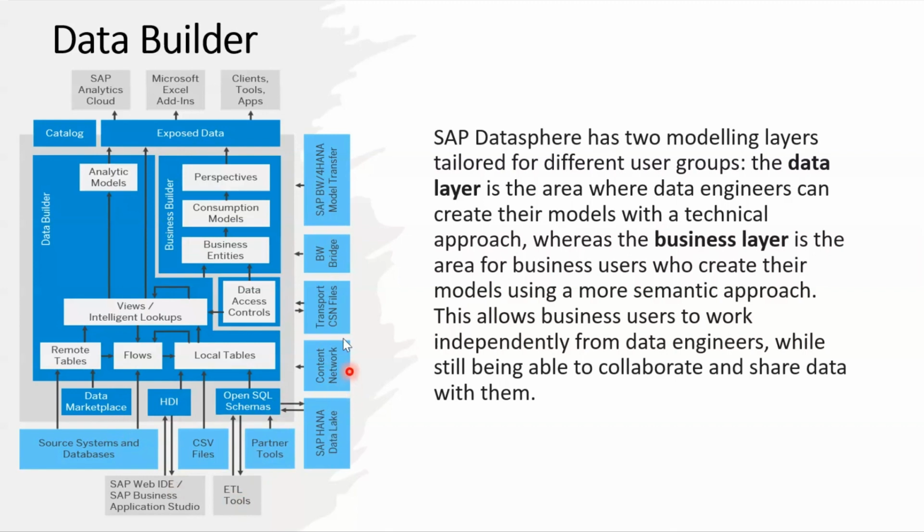From different sources, via connections, your Datasphere is receiving the data, and then you have the remote tables or flows or local tables which lie within the data builder layer, and those data will also be used by the business builders using a more semantic approach.